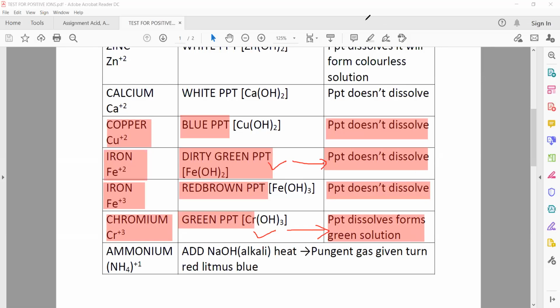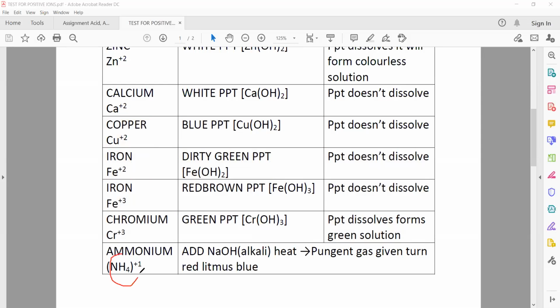And if we want to test an ammonium ion, what is the test? We add sodium hydroxide and heat. When we add sodium hydroxide and heat, we will observe a pungent gas which will turn red litmus paper blue. So which gas is this, which turned red litmus paper blue?